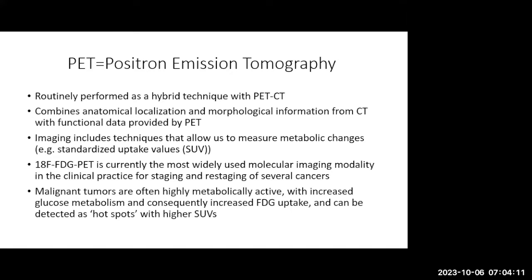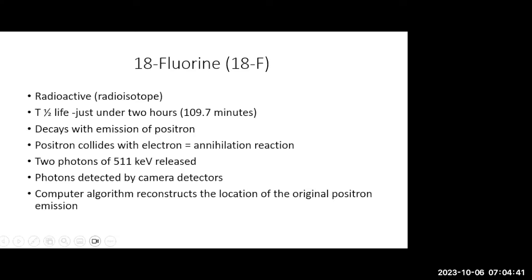And the reason for that is that malignant tumors are often very highly metabolically active, and therefore that's going to display increased glucose metabolism and increased FDG uptake that could be detected as quote-unquote hotspots, which have higher uptake, which is measured, as I mentioned, with standardized uptake values. And that's just like the very basic of it.